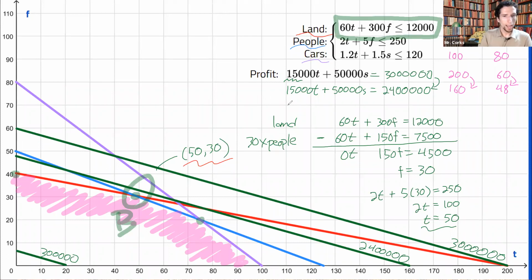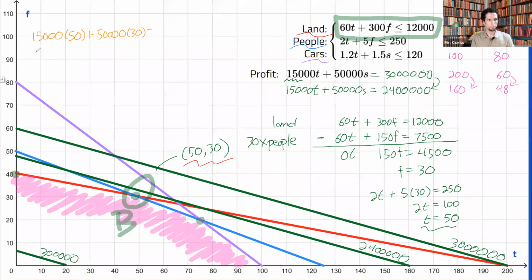And our actual profits. They've asked us to calculate the profit here. So let's do that. I'll go up here in the corner. 15,000 times T, which is 50, plus 50,000 times 30.